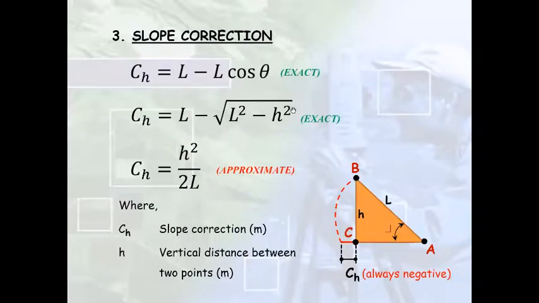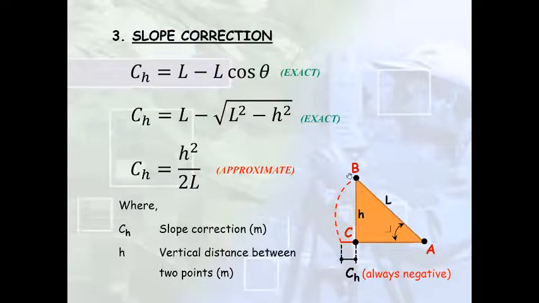But in slope, you always get a negative correction because let's say you have the slope and you want to measure the distance between point A and point B. What we are interested in is the linear distance, the horizontal distance between point A and point B. And what the measuring tape will give you is the sloping distance.